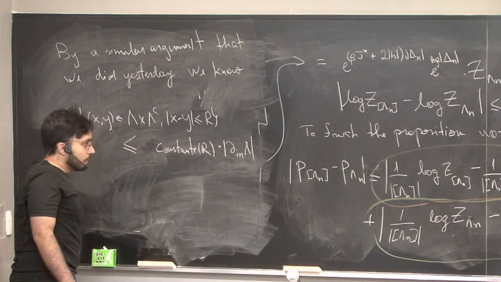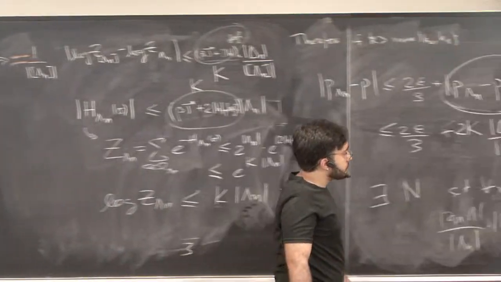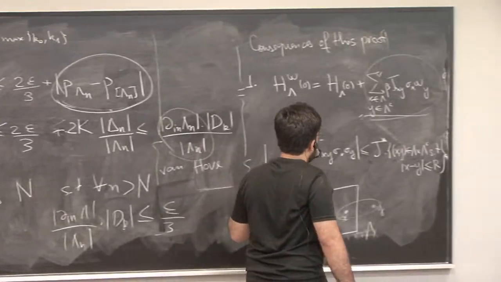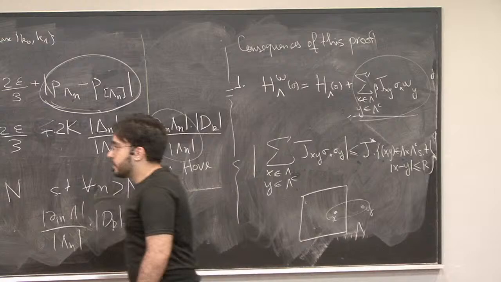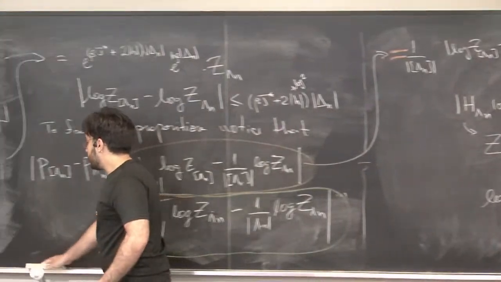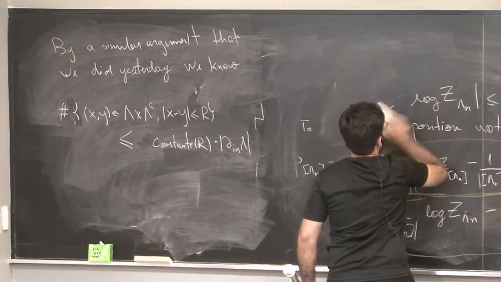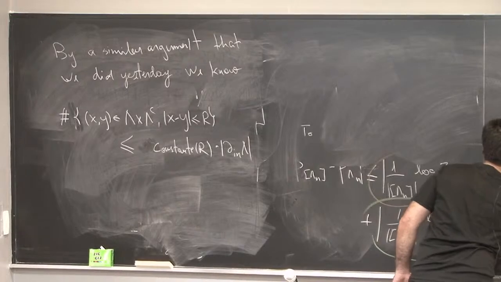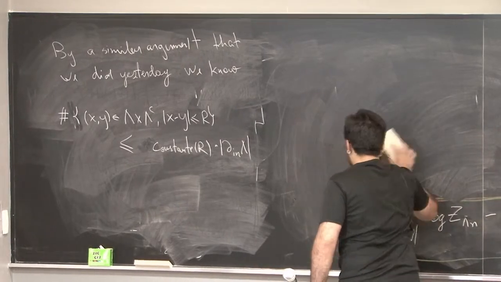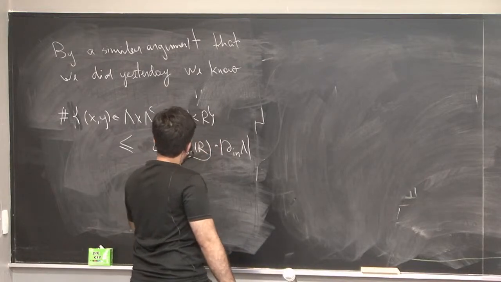Okay? And now, by using that inequality, we can remake the argument that we are doing here to control the difference of the pressure. Let us call this constant CR.